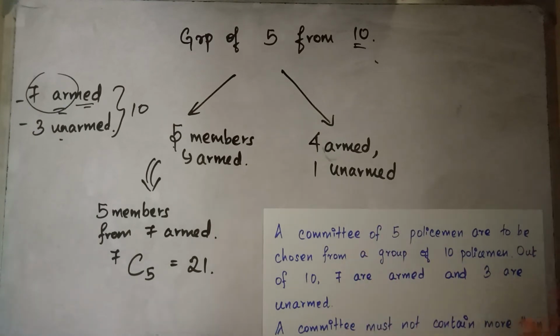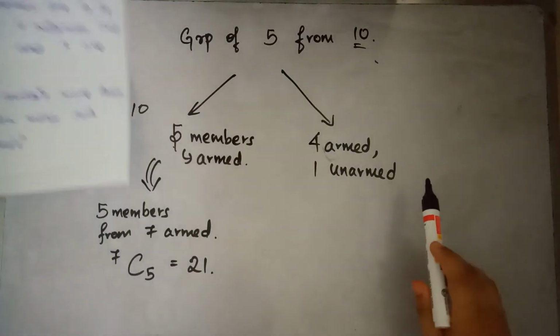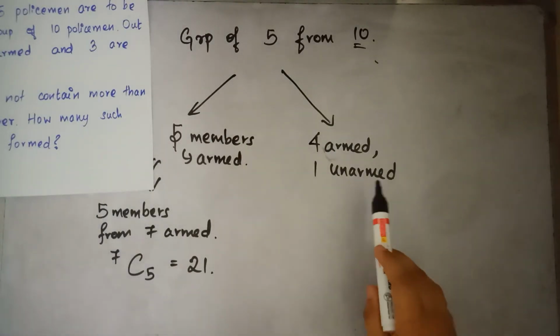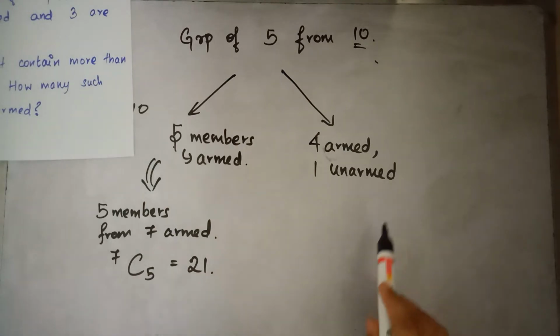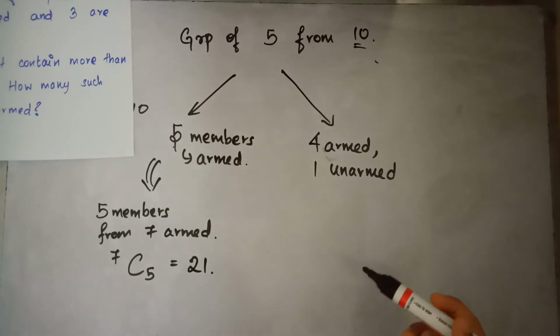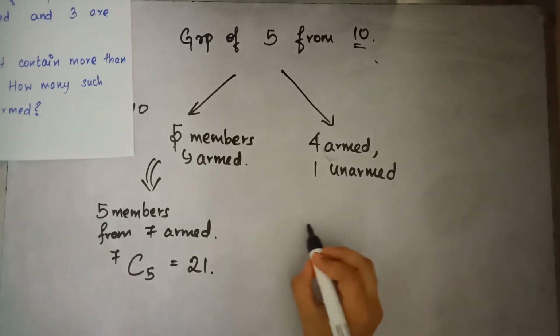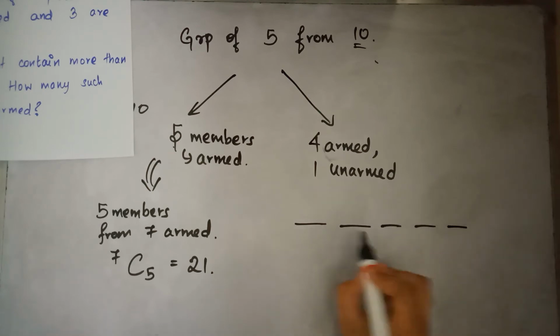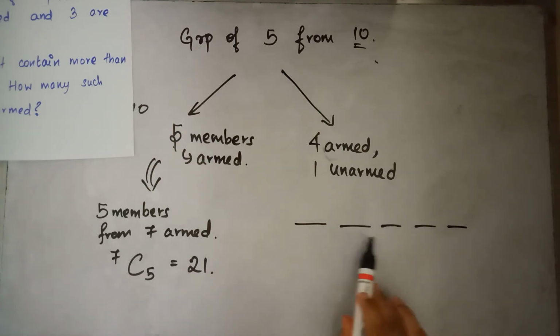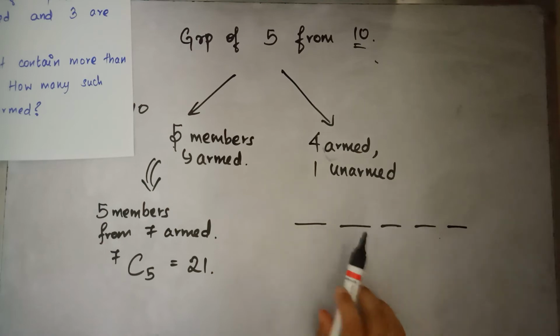Now let's move on to this type of committee. In this committee there are 4 armed members and 1 unarmed member. So how do we find out the different number of combinations? Okay, so I'll be drawing these blanks. So we have 5 possible slots for 5 members.